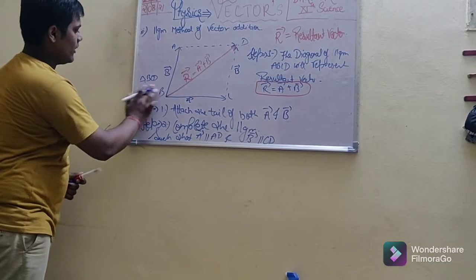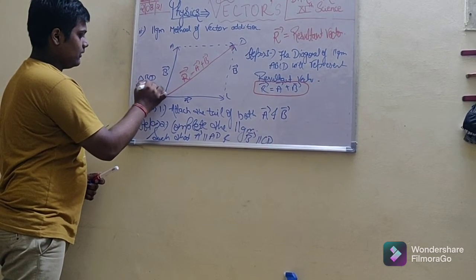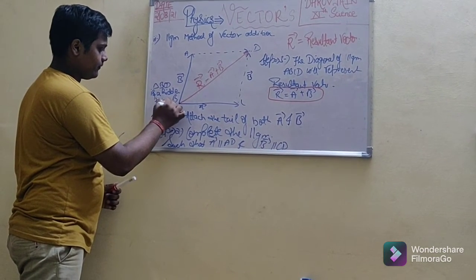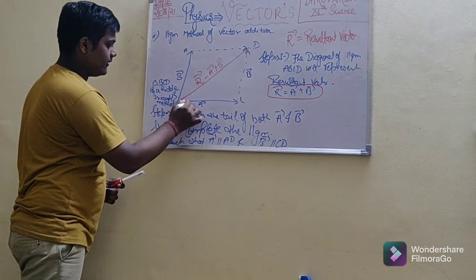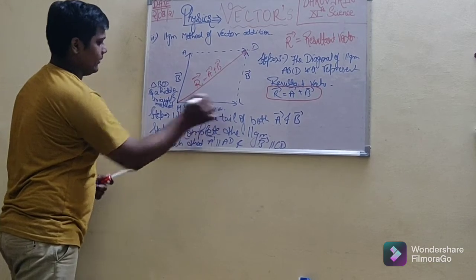Means you can say that triangle BCD is a hidden triangle method. Triangle method of vector addition. Okay, you can say.